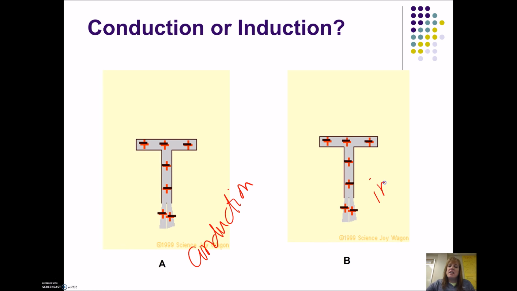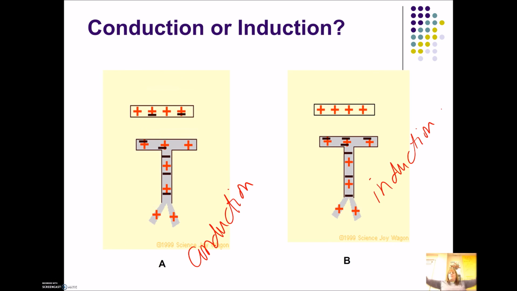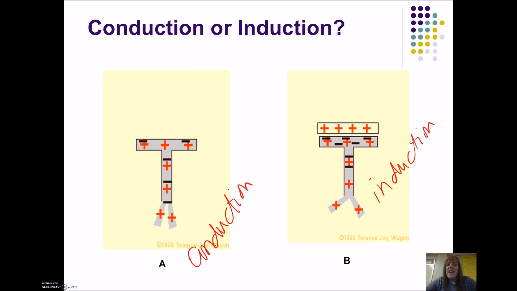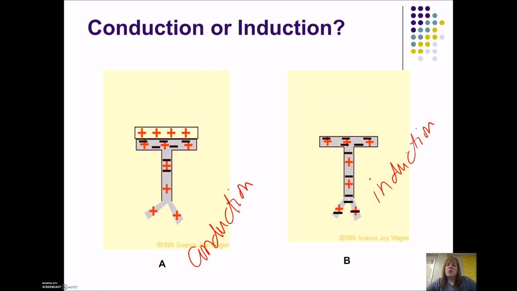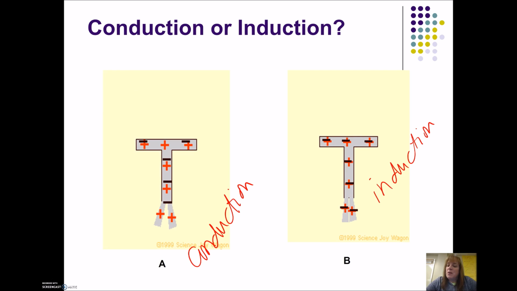And this is induction. Lost some light there, sorry about that. Induction, because there's my grounding wire, right? And the electrons are coming out of the grounding wire towards that. And now I have oppositely charged objects. You were correct.